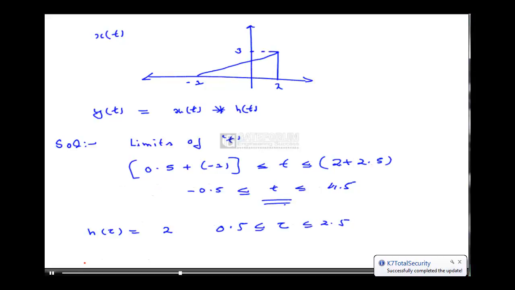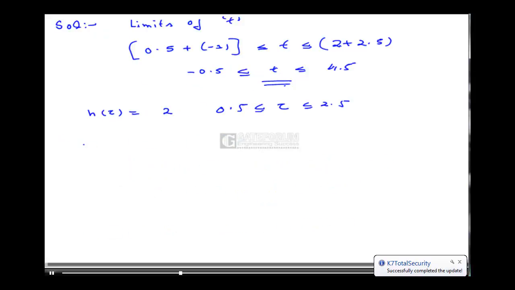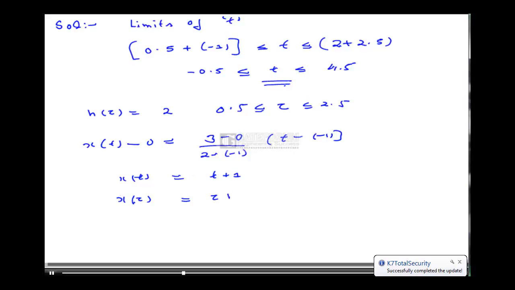Okay, so I can write xt minus 0 is equal to 3 minus 0 upon 2 minus minus 1 times t minus minus 1. So this will give me xt is equal to t plus 1. Now x tau can be written as tau plus 1. X of t minus tau will give me t minus tau plus 1.